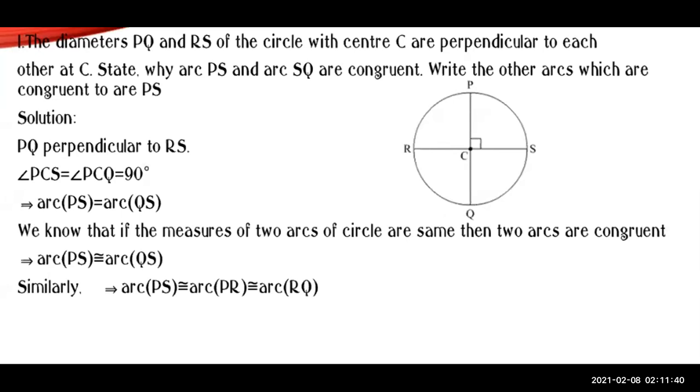So we have found the first reason, and now the remaining arcs. Arc PS is equal to arc QS. Similarly, arc PS is equal to arc PR, which is equal to arc RQ.